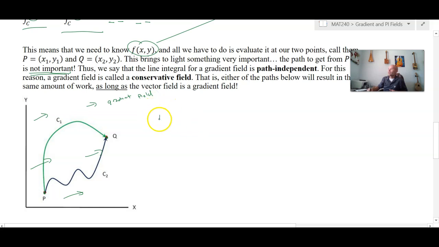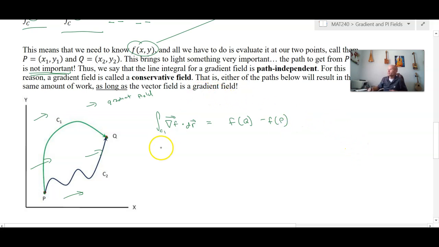Then what we know is that the line integral for our vector field, which in this case is a gradient field, dotted with dr along C1 is going to equal f of q minus f of p.